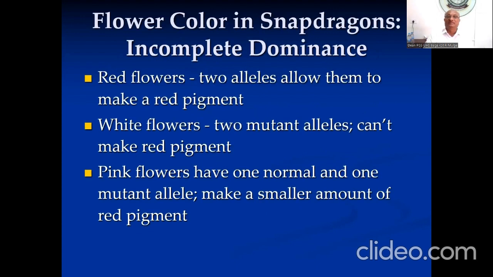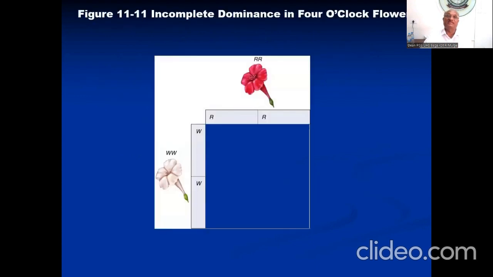Okay. A red flower has two alleles that allow it to make a red pigment. White flowers have two mutant alleles that can't make a red pigment, so it is white. Pink flowered plants have one normal and one mutant allele and make a smaller amount of red pigment, so it becomes pink. That's how you can also explain this physiologically or biochemically.